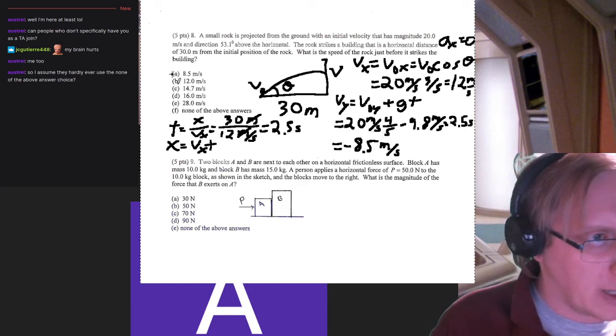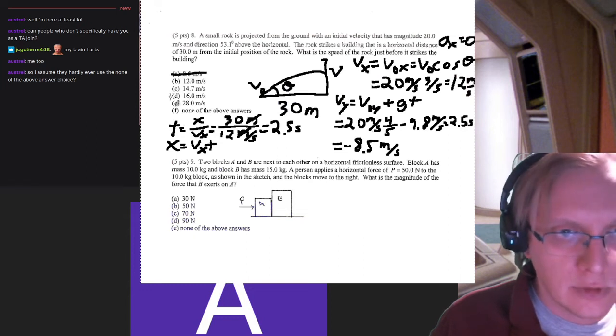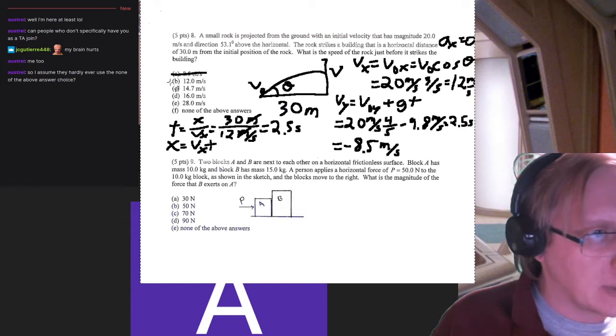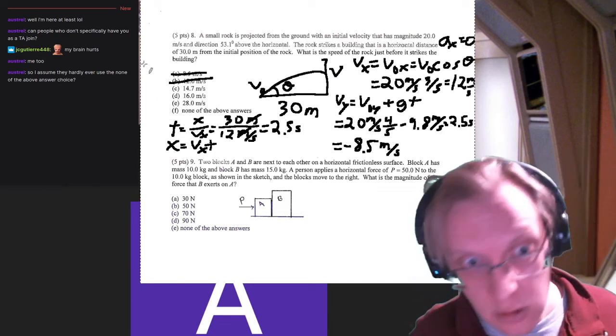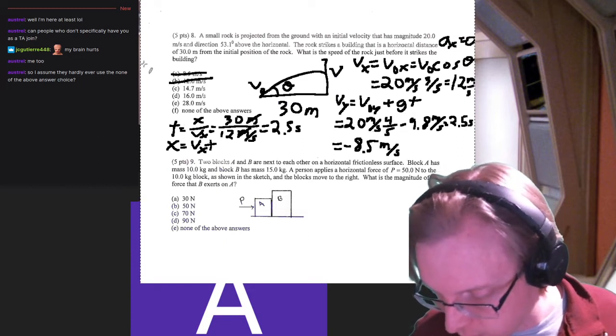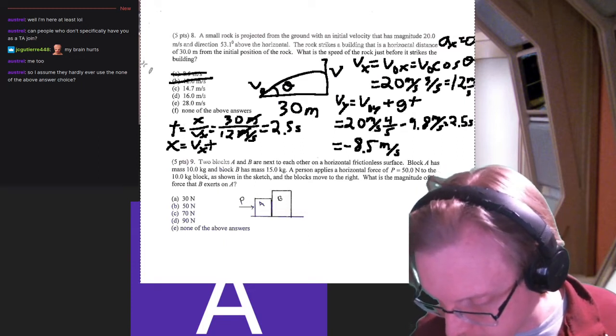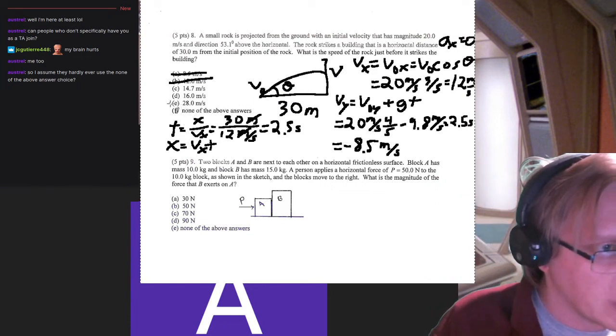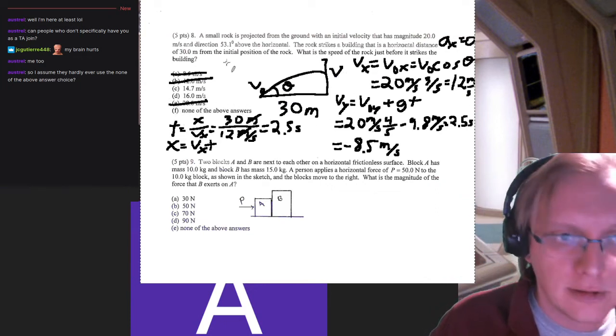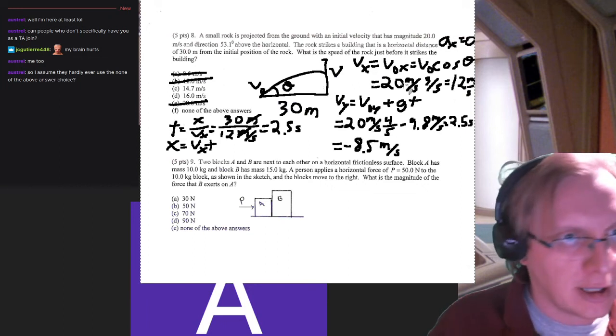8.5 is the y component. That's not the answer. 12 is the x component. That's not the answer. The sum of those, 8.5 plus 12 is 20.5, so everything over 20.5 can't possibly be the answer either. Okay, so now we do our Pythagorean theorem.